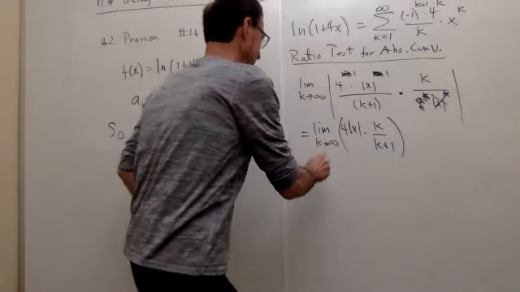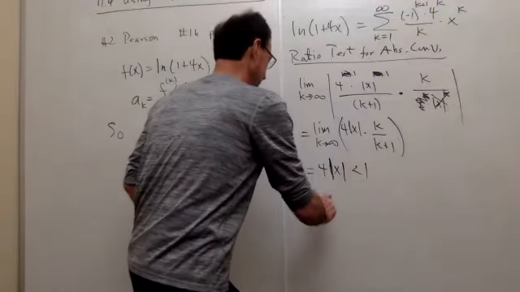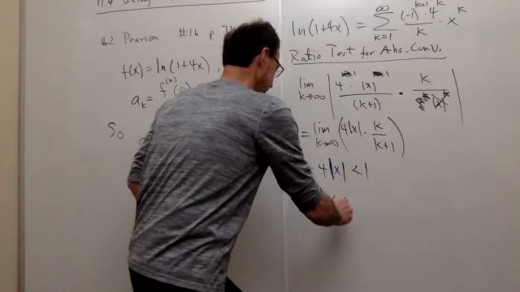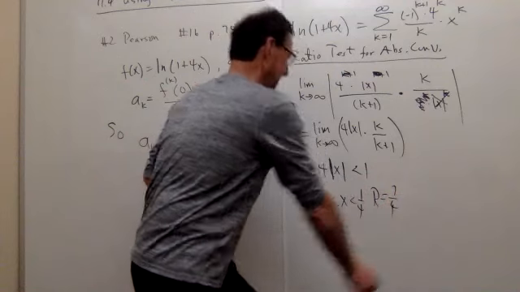That would be 4 times the absolute value of x. Okay, so the limit is 4|x|. We need that to be less than 1, so x is between -1/4 and 1/4. And so R is 1/4, the radius of convergence.